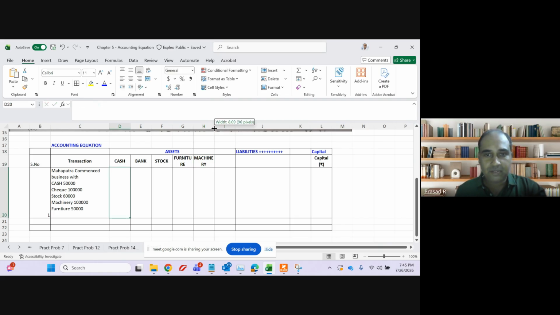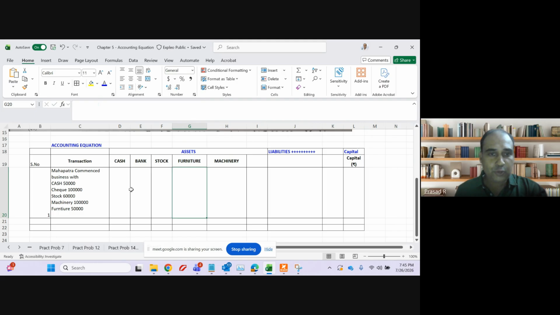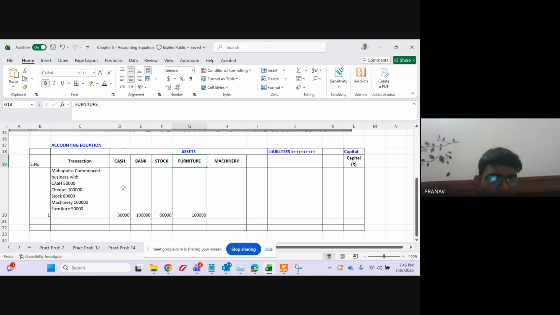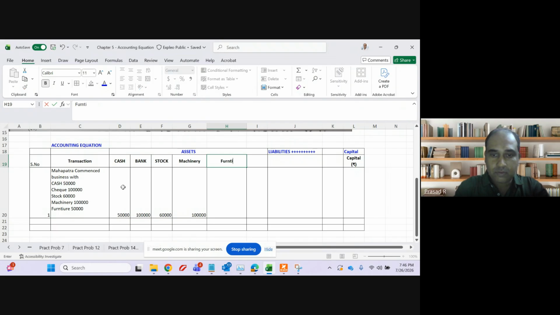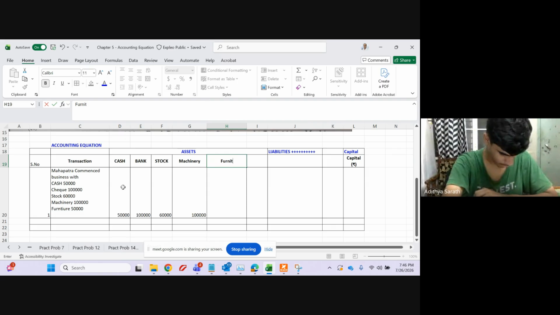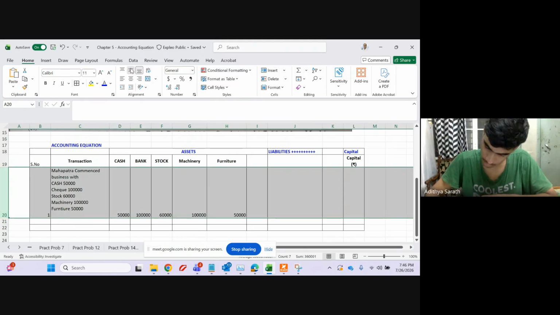All these are introduced as part of capital. 50,000 cash, check 1 lakh, then 60,000 stock, machinery 1 lakh, and furniture 50,000.